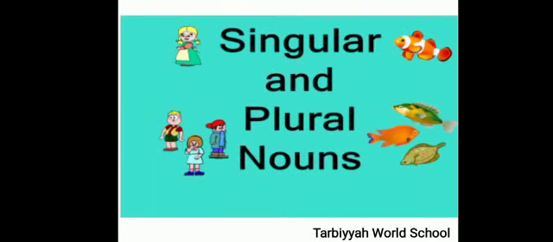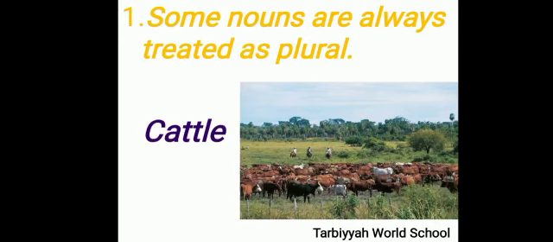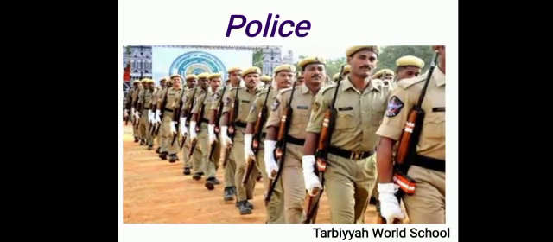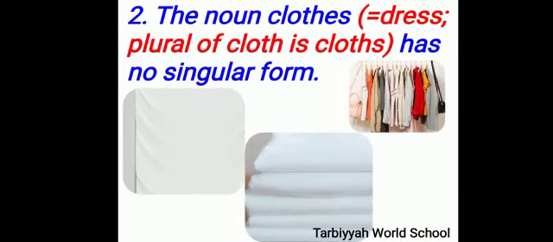Now, let's learn more about singular and plural nouns. See, some nouns are always treated as plural. For example, cattle and police. Okay. See, the noun clothes is equal to dress. The plural of cloth is clothes, which has no singular form.